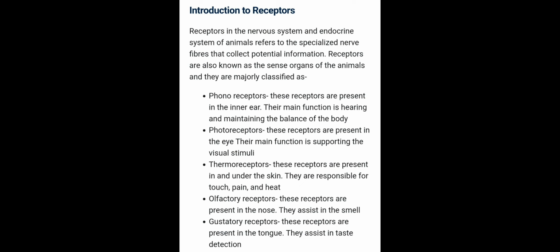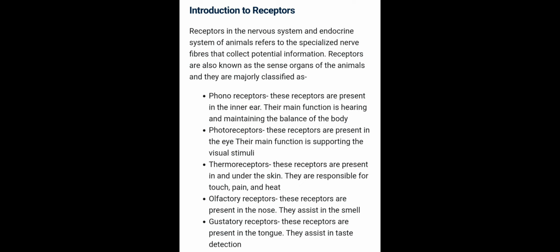The main function of hearing and maintaining the body balance is possible because of phonoreceptors. The second one is photoreceptors. The photoreceptors are present in the eyes and the main function is to support vision. So whatever we visualize or we respond towards the visual stimuli is because of photoreceptors.